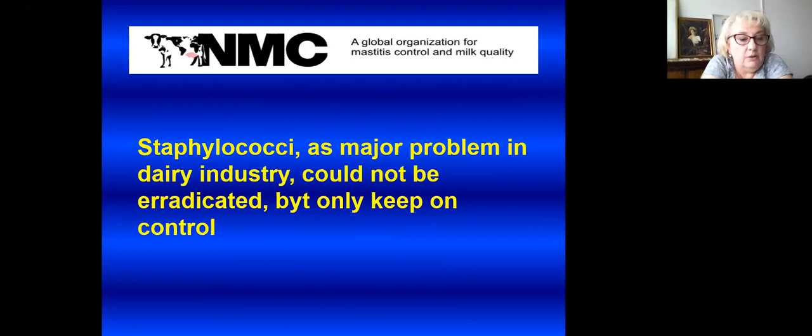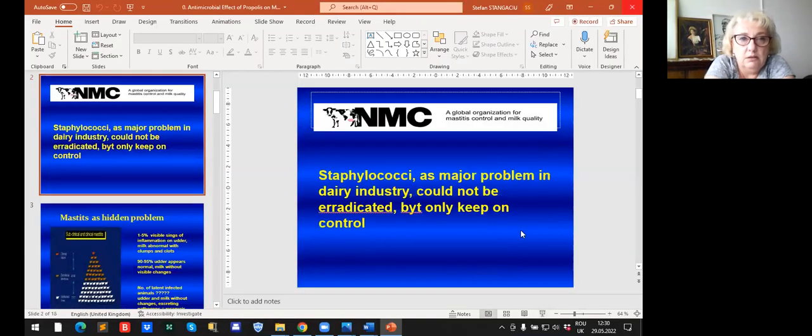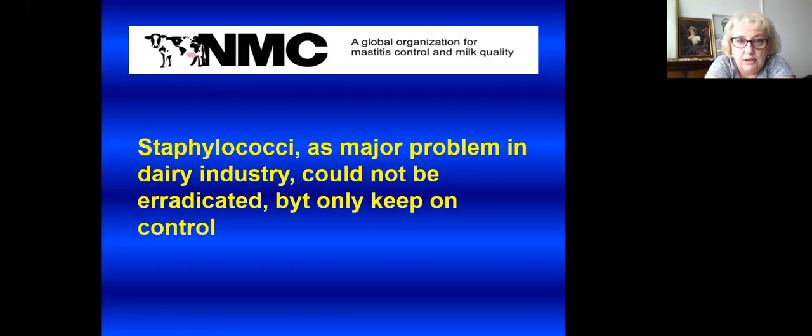Staphylococcus are the biggest problem in the dairy for many years, and as the National Mastitis Council says, it couldn't be eradicated from the herds, but it only keep on control by the good dairy management.